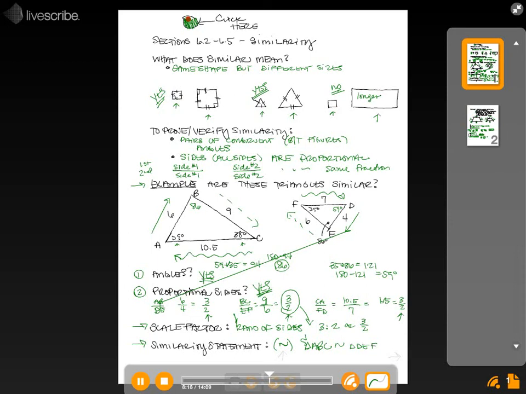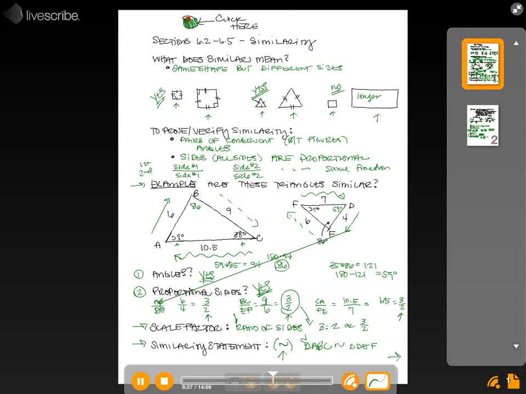And that's our similarity statement. Okay? It's the same idea as a congruent statement, but we use a different symbol, which means similar instead of congruent. Because remember, similar are different sizes. Congruent means they're exactly the same size. Similar means they're different sizes. So we have to use a different symbol. But we write it just like we would a congruent statement.